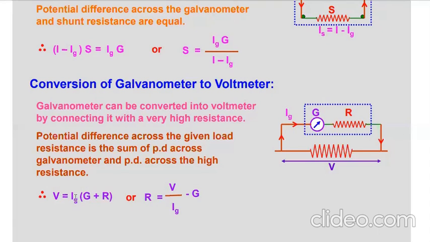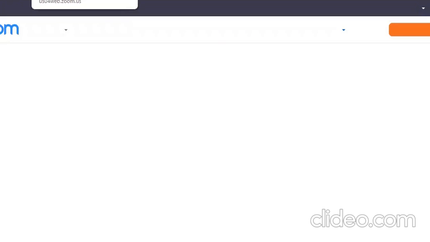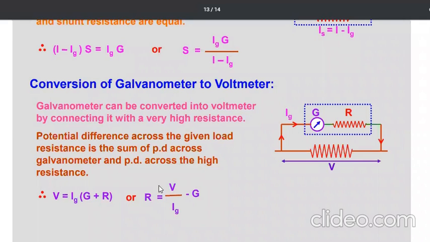So V equals Ig times (G plus R), because the same current passes through both. The effective resistance across this combination is G plus R, where G is the resistance of the galvanometer. So R equals V upon Ig minus G.